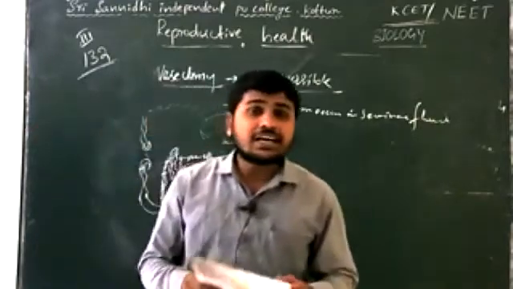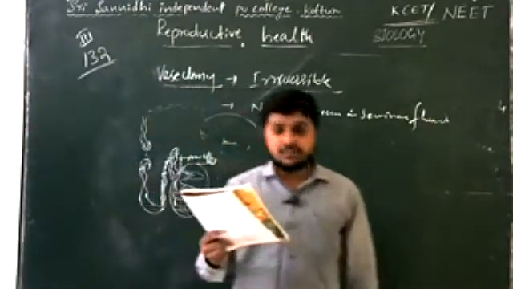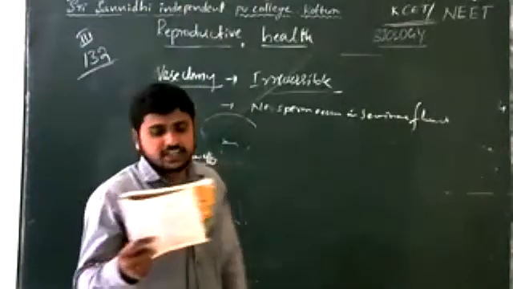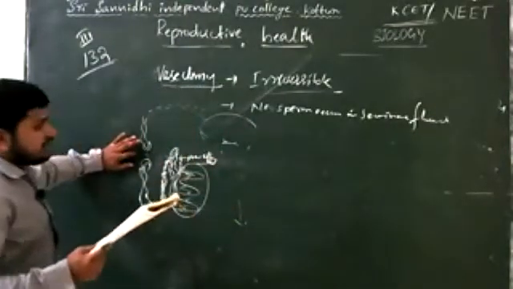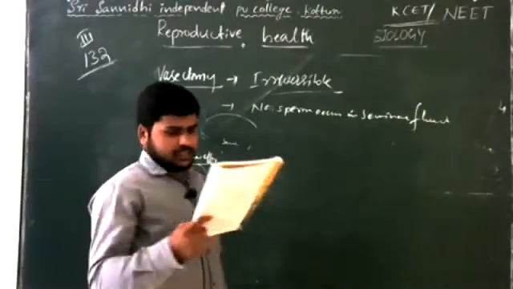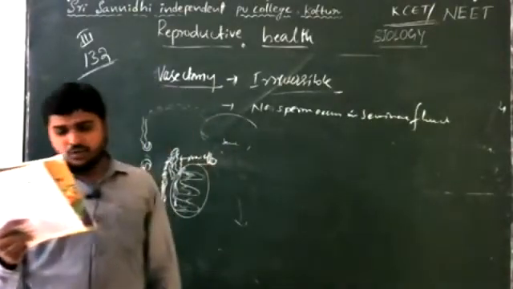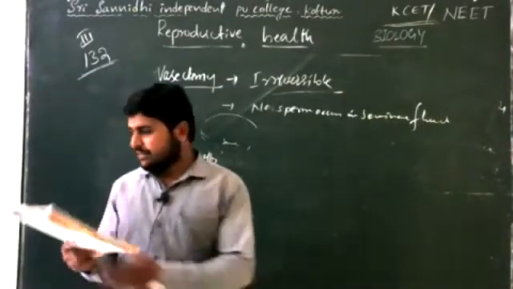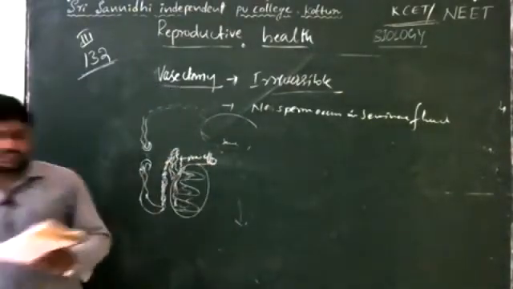So this is not correct with respect to vasectomy. The vas deferens is cut and tied. That is correct. That's why option 3 is the right answer. No sperm occurs in epididymis is the incorrect statement.